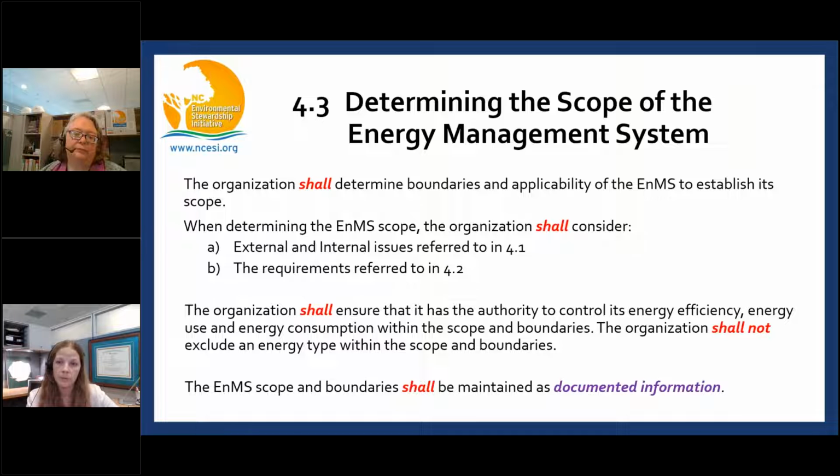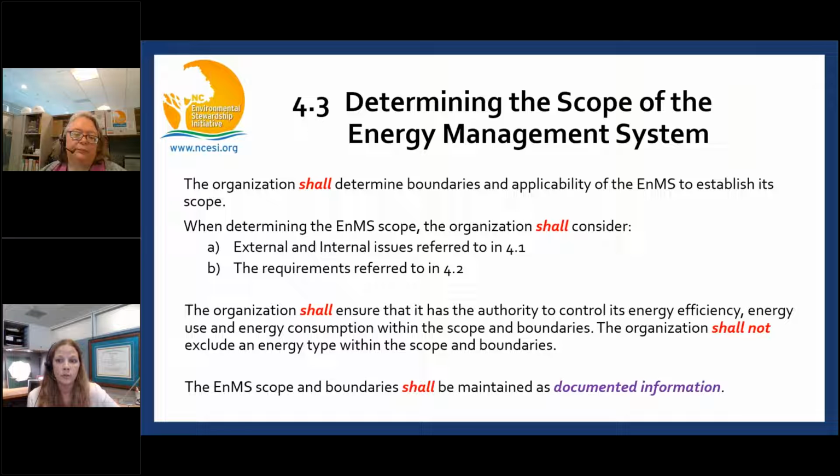Okay, so I have some notes here. It says that you shall not exclude any type of energy within the scope. So that means we should probably define what energy is. The standard defines energy as electricity, fuel, steam, heat, compressed air, and other similar medias.